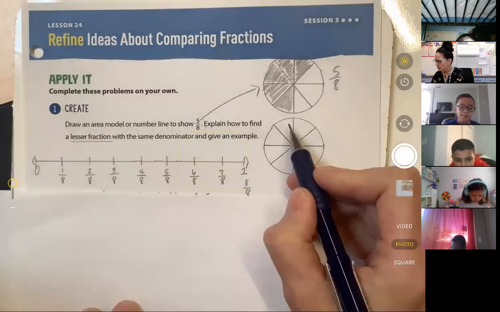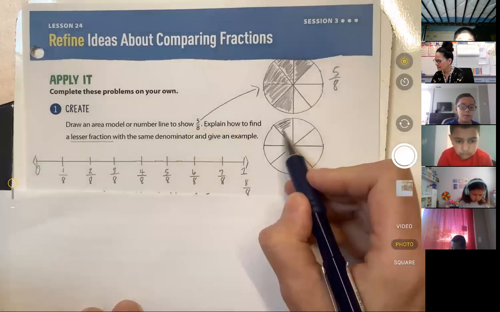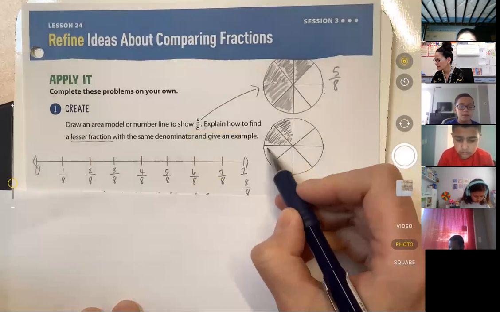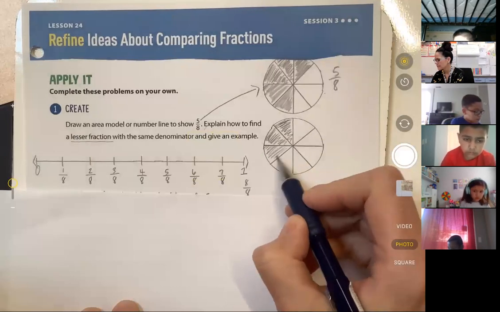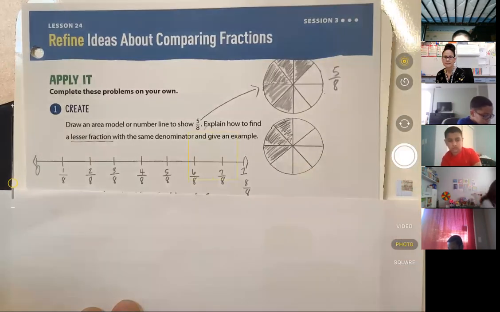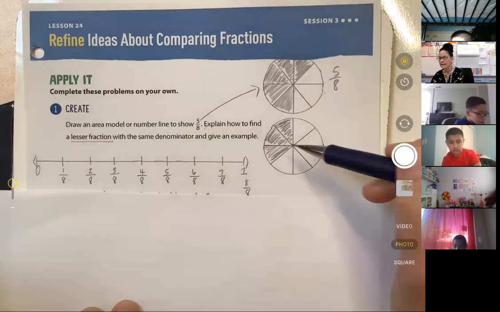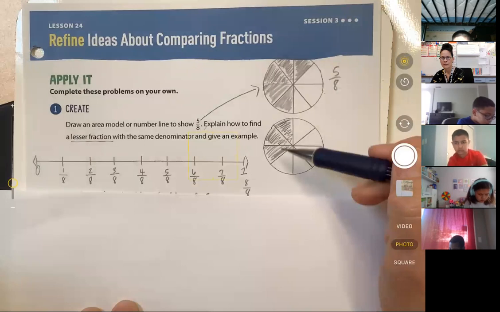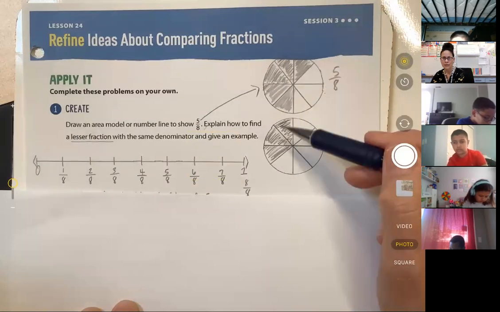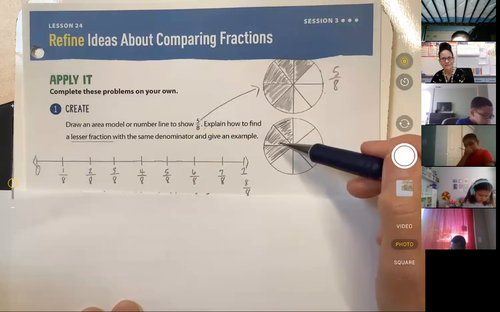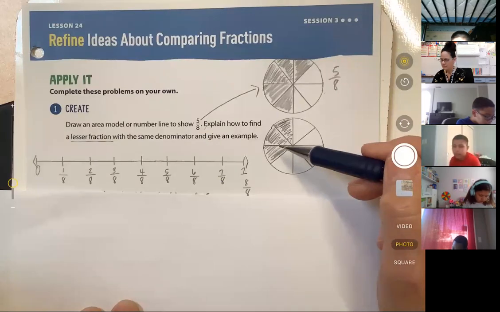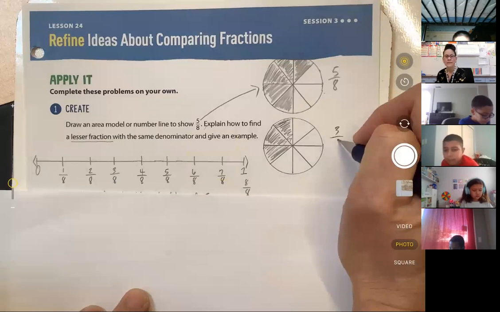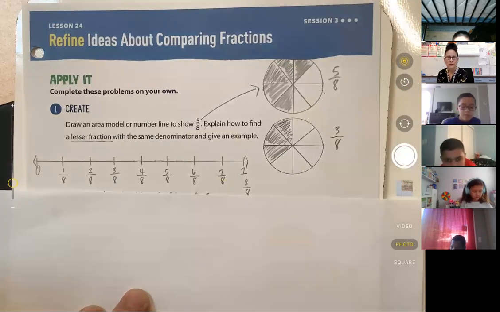Awesome. We need a lesser fraction. So we could say, like, here's a piece, and here's a piece, and here's a piece. We're going to call that 3/8. That's clearly less area covered than 5/8. Clearly, this is a lesser or smaller fraction. So we're going to call this 3/8. That's one way to model, right?